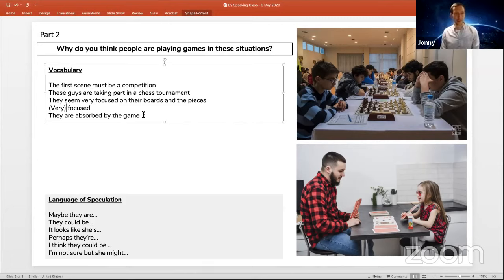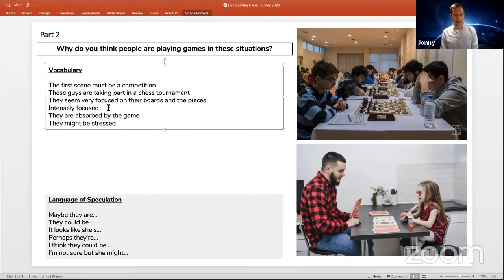Marmin says maybe they are stressed. Yeah. They might be stressed. A good word we can use instead of very focused is intensely. Intensely. Oh, there we go.